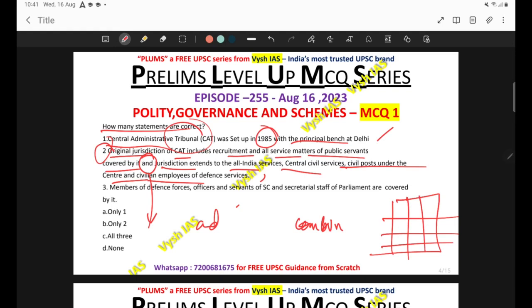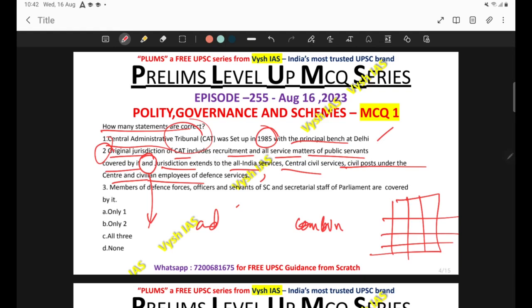You can compare all the bodies. On one side you will have CAT, other side SAT, State Administrative Tribunal, below that some Vigilance Commission. So you can compare and contrast and learn all the bodies in one go. That would be the easiest method to learn these kind of topics in polity.